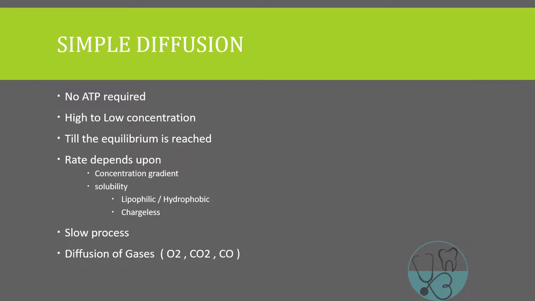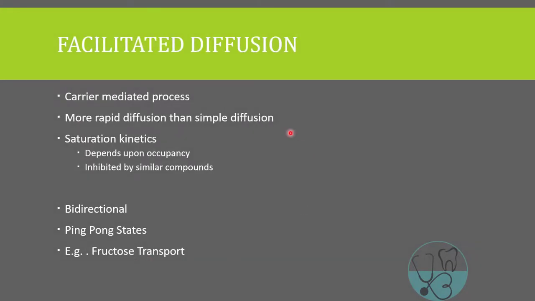The next is facilitated diffusion. It is a carrier-mediated process, which means it requires a carrier molecule. And since it requires a carrier molecule, the process is faster than simple diffusion. The next property is that it follows saturation kinetics. Now just remember two things, because we are going to talk about saturation kinetics in a future chapter.